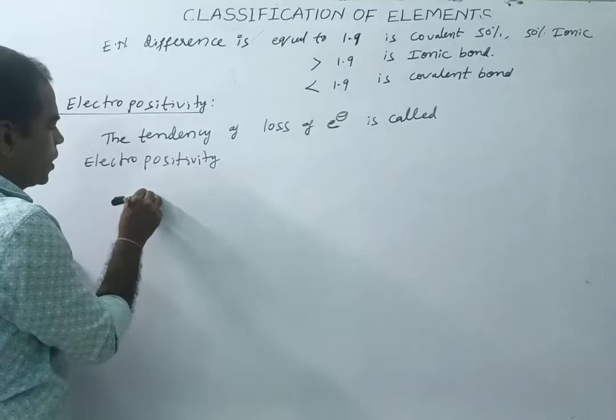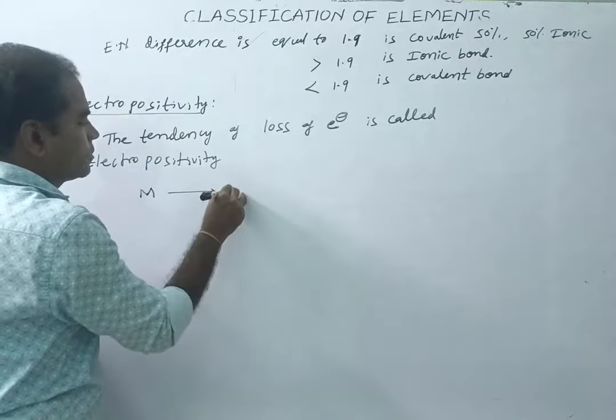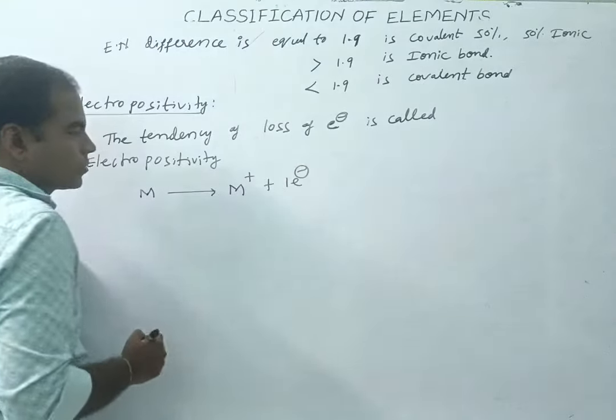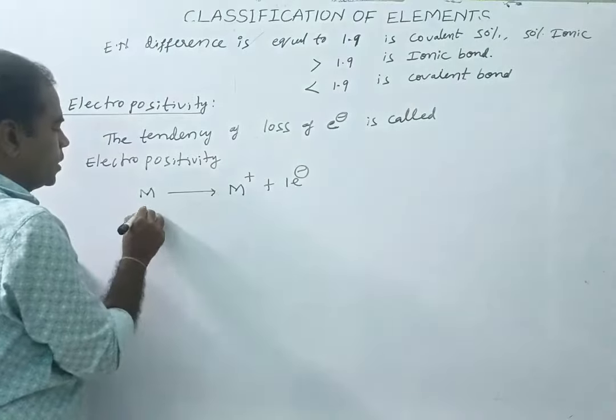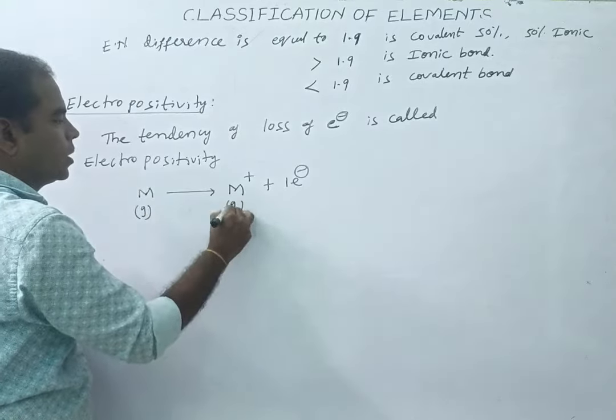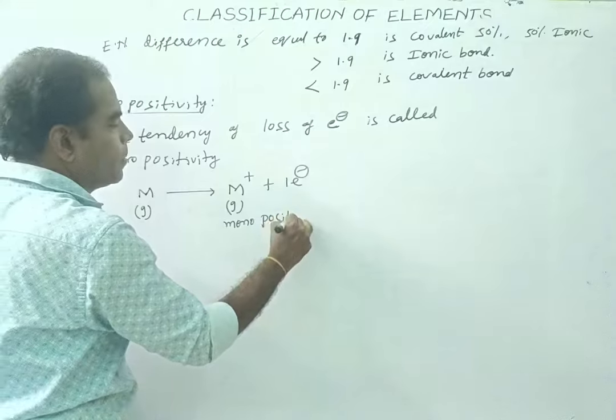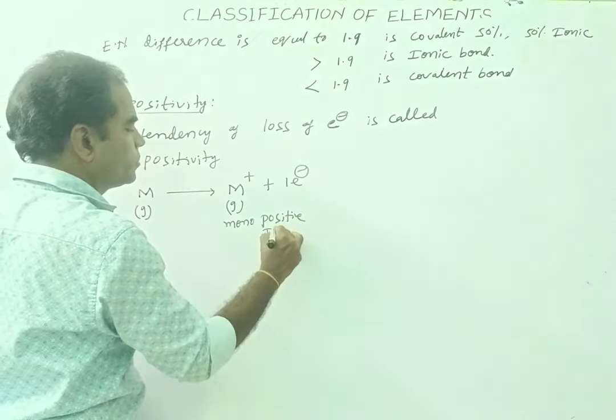For example, a gaseous neutral atom loses one electron. When it loses one electron, it gains a positive charge, giving a monopositive or unipositive ion.